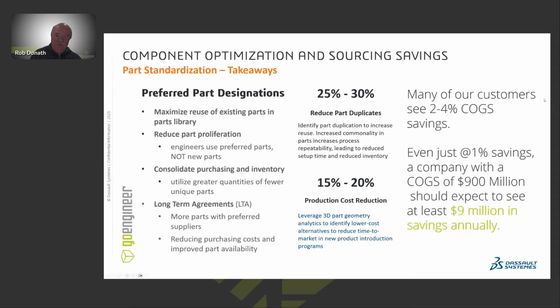And as we've seen across pretty much every industry that I work with, which is all of them pretty much, many of the customers are seeing between 2 and 4% of their total cost of goods sold as savings annually. Even if it were just 1%, a moderately sized company with a common off-the-shelf cost of goods sold of, say, $900 million could expect to see $9 million a year in savings.